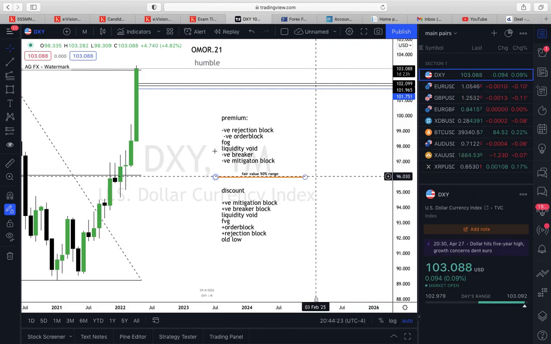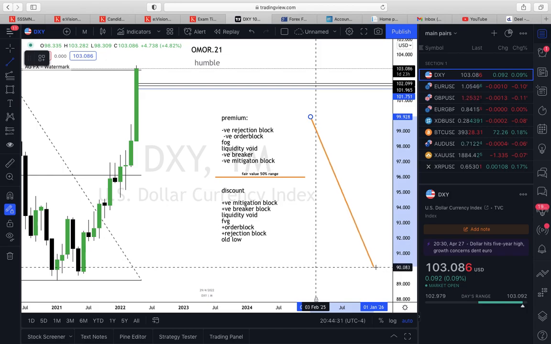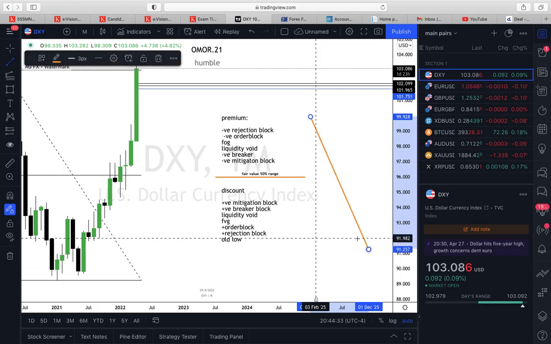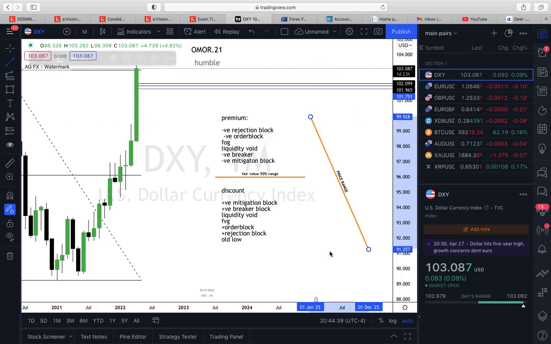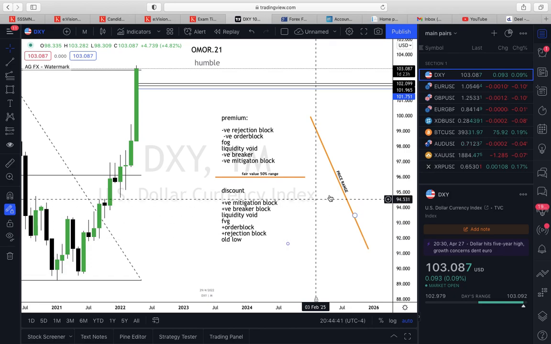So this is your price range, right? Let's say you have a price range like this. This is your price range. And here is going to be the 50%.